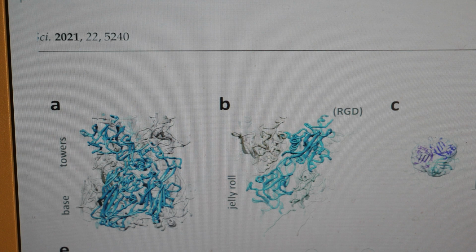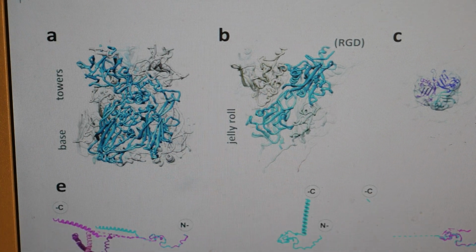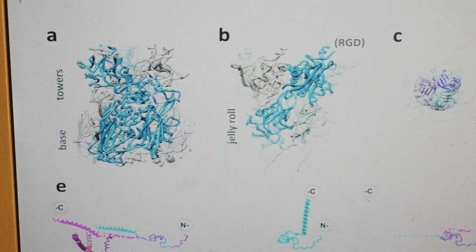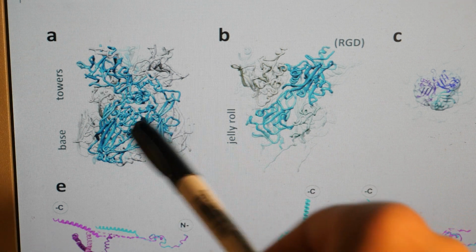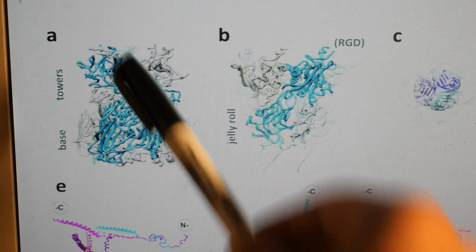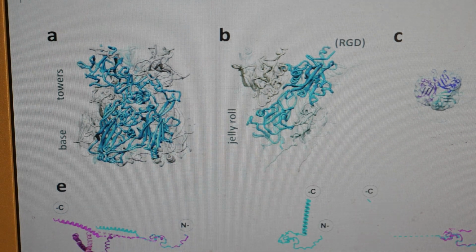you've got these. That's a hexon trimer. The blue shade is one of the monomers. The other grey shading is the other 2 monomers. As I said, there are 720 hexons.